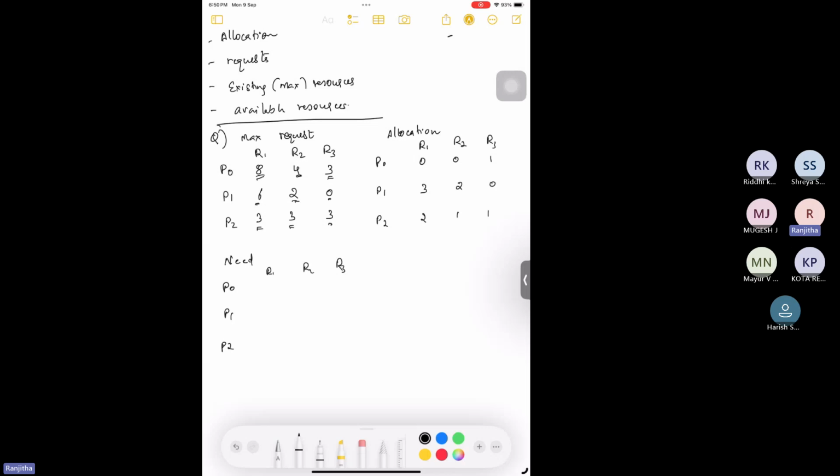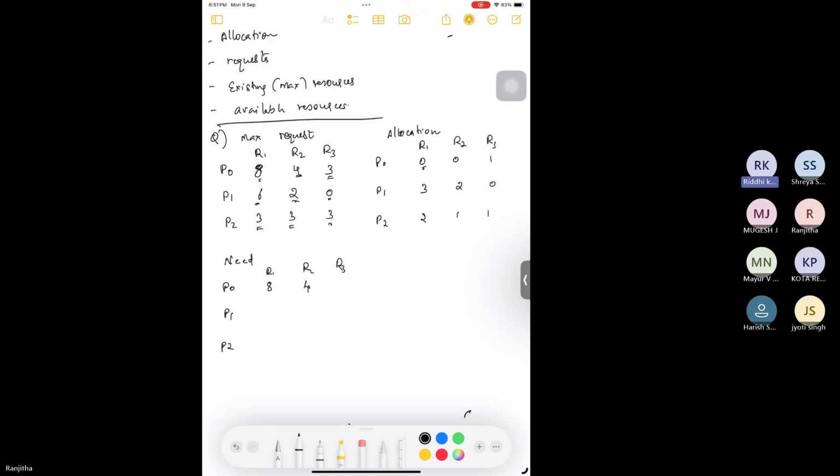So what I mean by need is, P0 requires during its whole execution lifetime 8 instances of R1. Okay. Currently, it is allocated 0 instances. So how many more does P0 need? 8. So that is what need represents. Okay. So how many R2 does P0 need? 4. Needs 4 more.